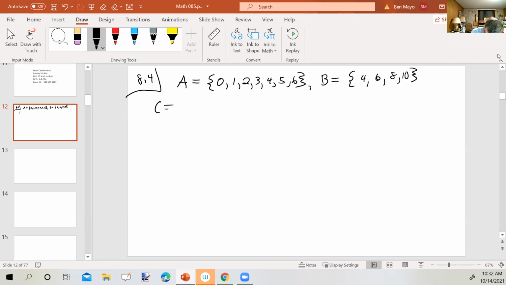Then we have set C, which has -3, -1, 0, 1, and 2. And finally, set D that contains the numbers or elements -3, 1, 2, 5, and 8.